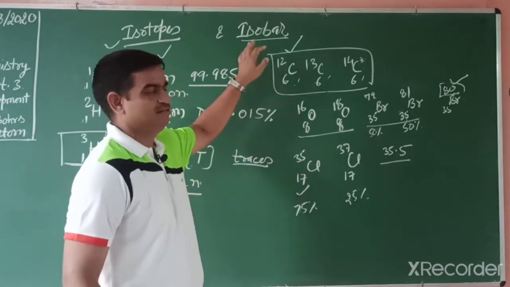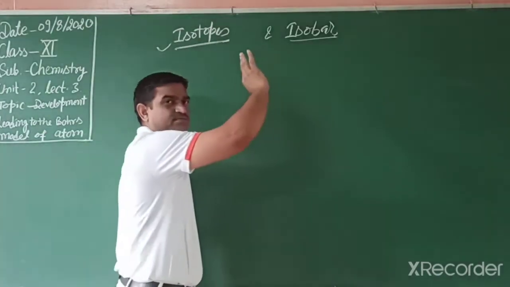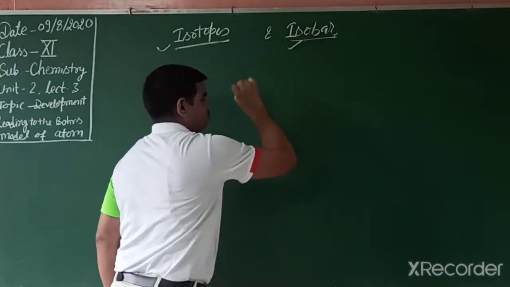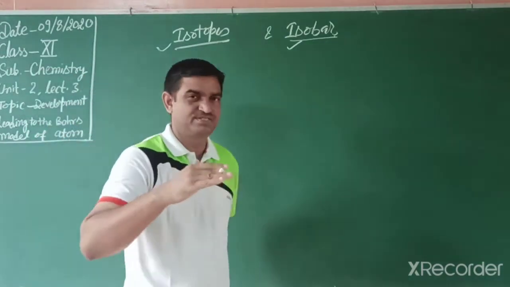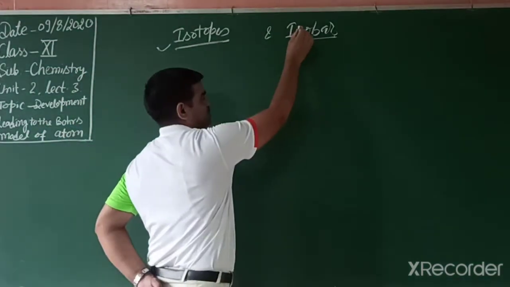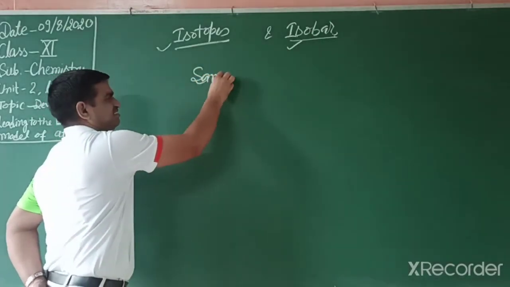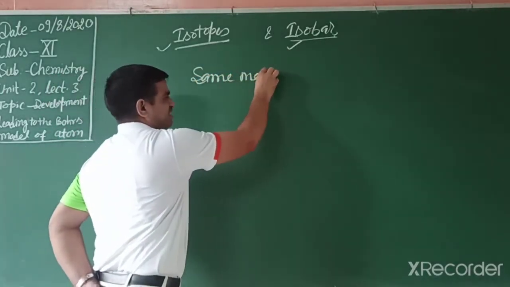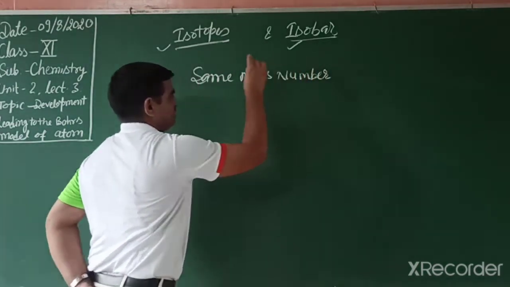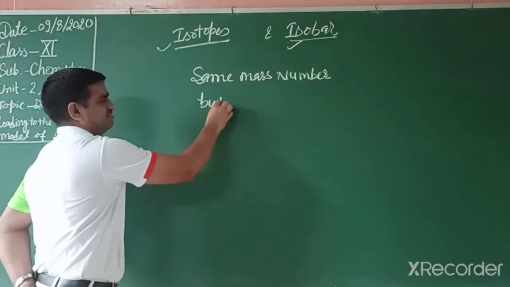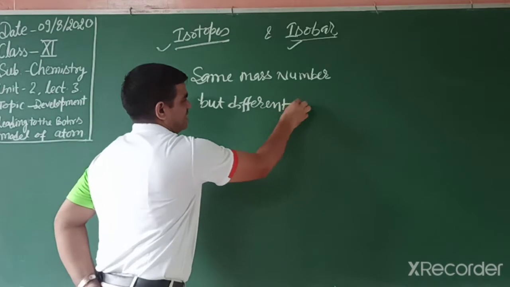Now we study isobars. The next topic is isobar. Isobars are those substances having the same mass number. Iso means equal, so they have the same mass number but different atomic number.